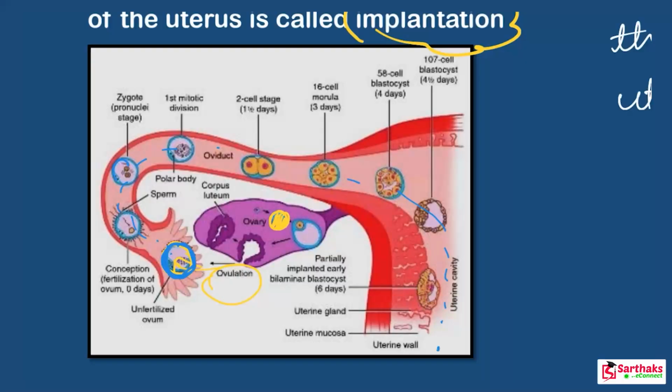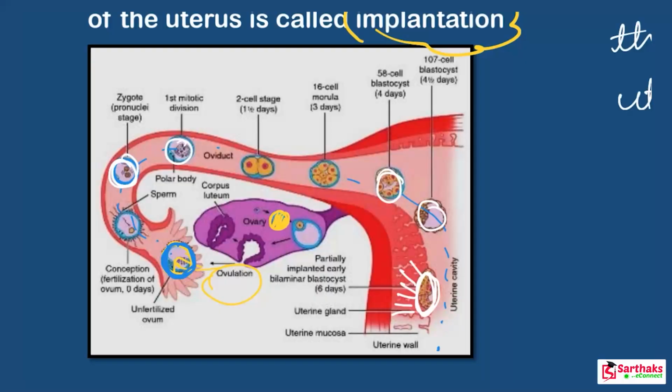Okay, and after that a new structure is formed, which is known as the zygote. Now this structure is formed here, the zygote is formed. And after many mitotic divisions, as you can see in this diagram, it is known as the embryo. Now here implantation occurs. What you observe here is that it invaginated into the wall of the uterus.